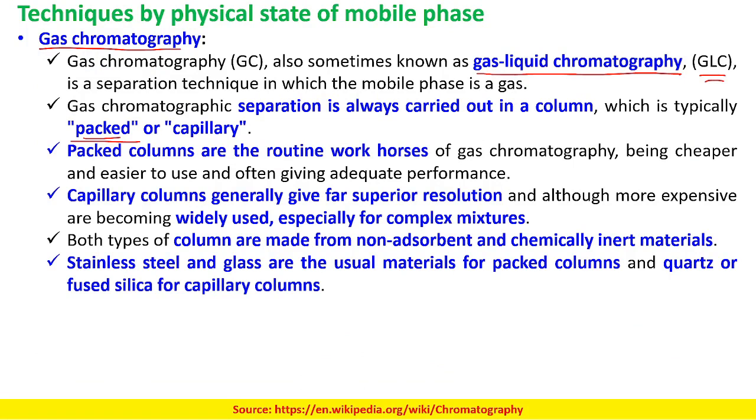On the other hand, it can also be a capillary chromatography. In capillary chromatography, you have the capillary, and within this capillary a solvent layer gets adsorbed. That liquid adsorbed onto the inner surface of the capillary acts as the stationary phase.